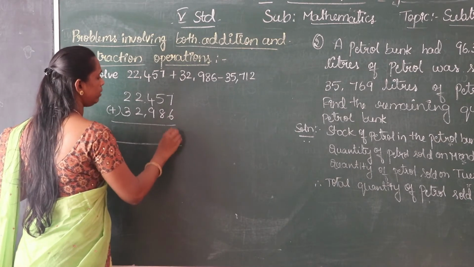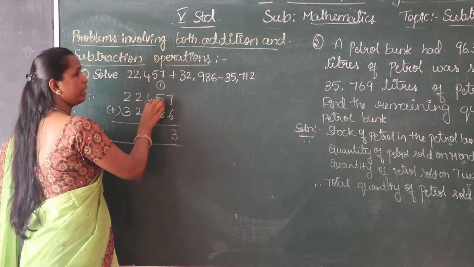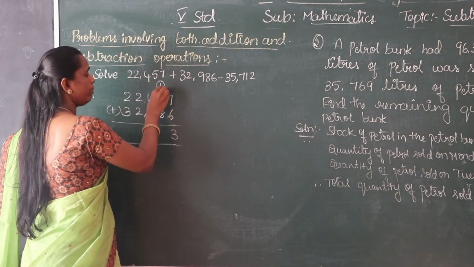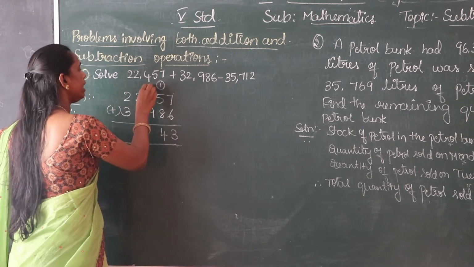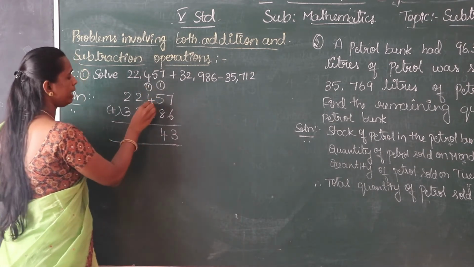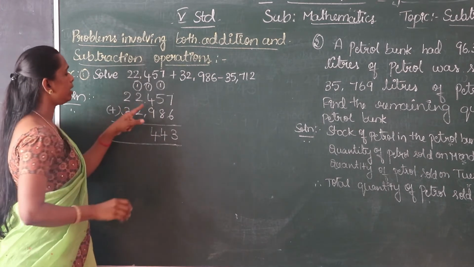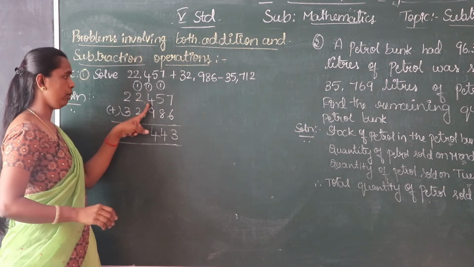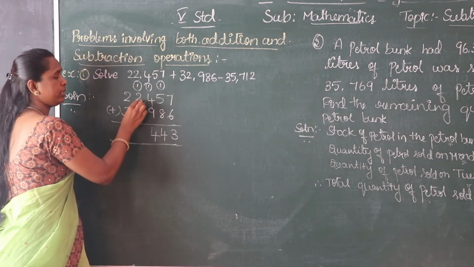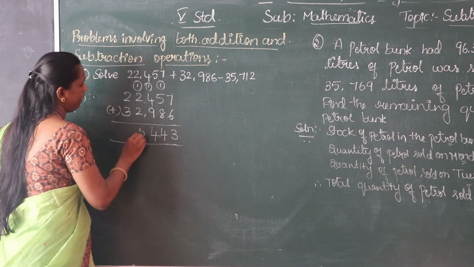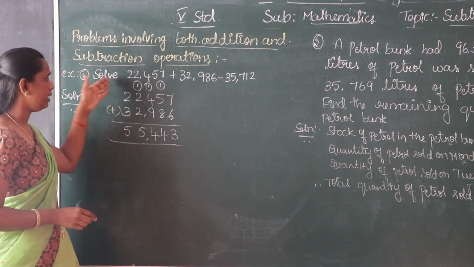Write 3, 1 is carry. 1 plus 5, 6. 6 plus 8, 14. 1 carry. 1 plus 4, 5. 5 plus 9, 14, 1 carry. 1 plus 2, 3. 3 plus 2, 5. And then 2 plus 3, 5. So, the answer is 55,443.